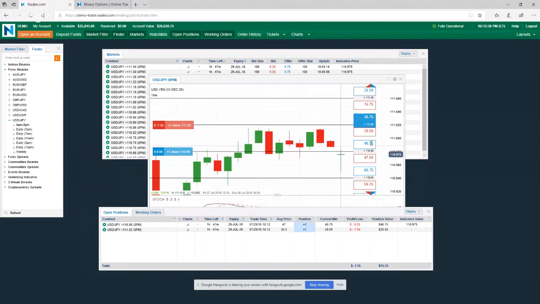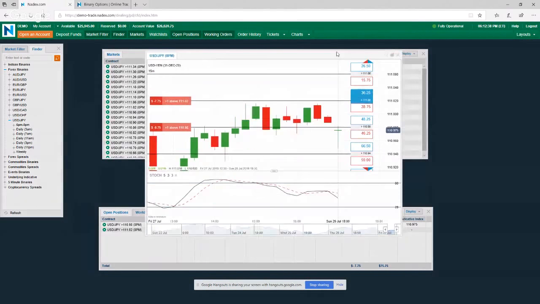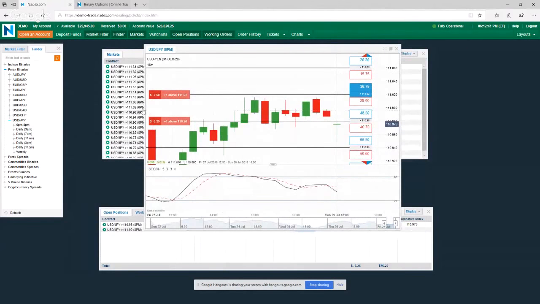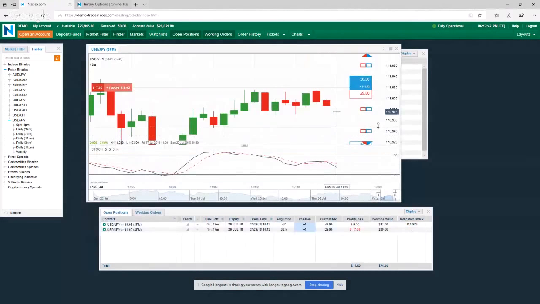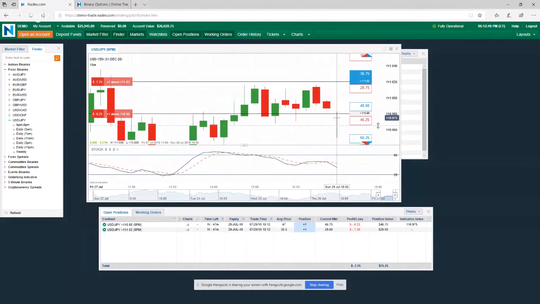So now we have an at the money, which is 110.98, but we also have an out of the money at 111.02. What if we didn't believe the market was going to go up? Okay. Then we could actually do a short.